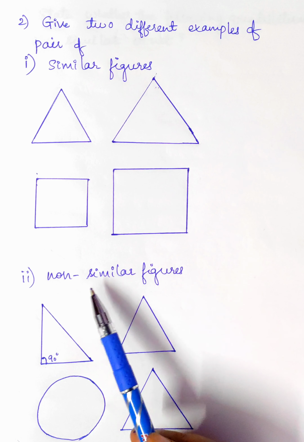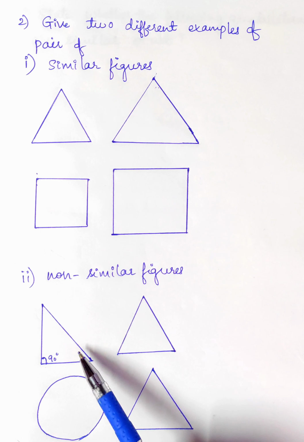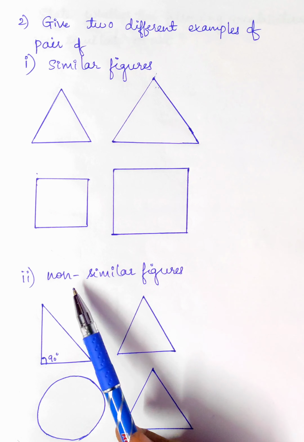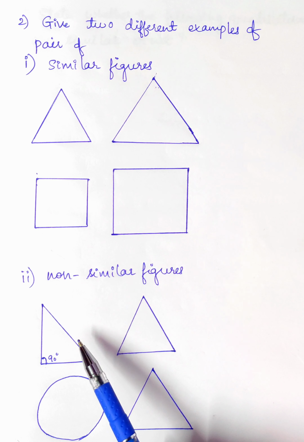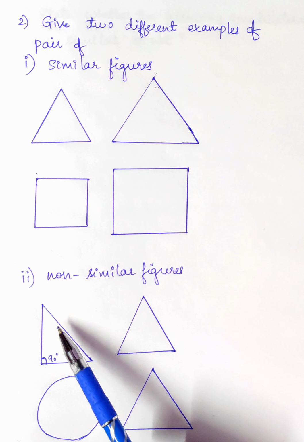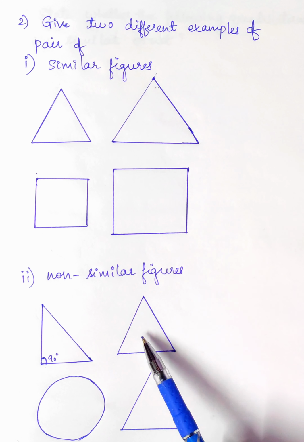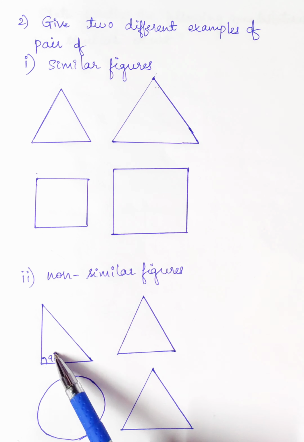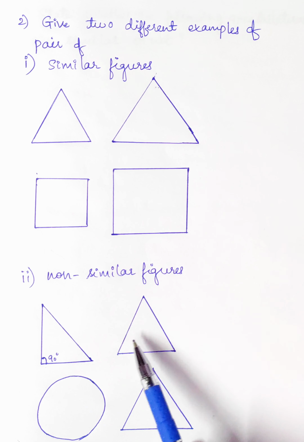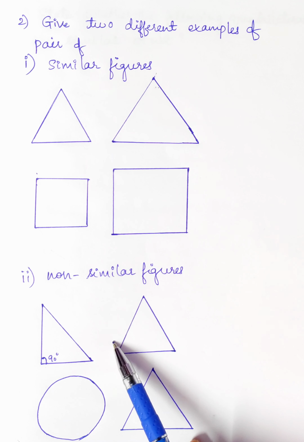Now what about non-similar figures? Non-similar means they will not have the same shape, and also they don't have the same size. You can consider the example of a right angle triangle along with a triangle. If you see these shapes, they look different and even the size will be different.